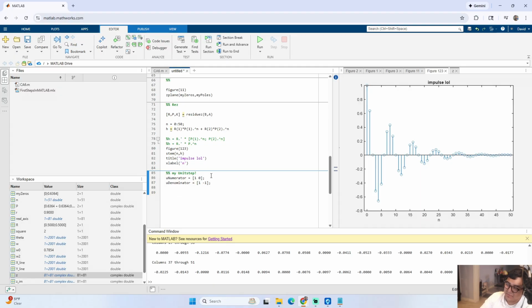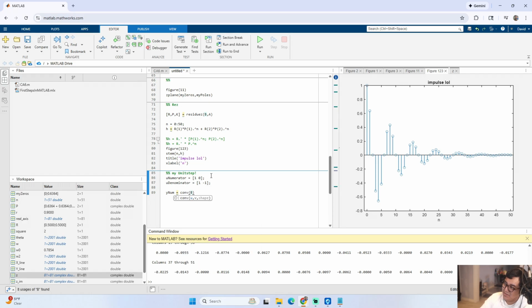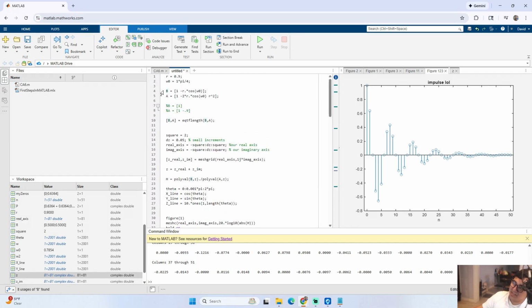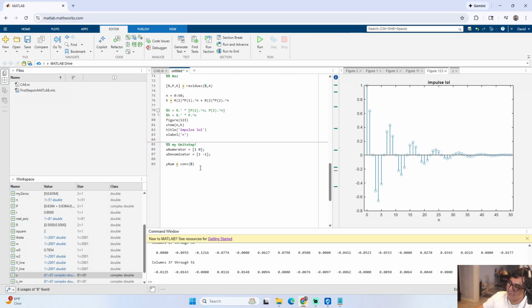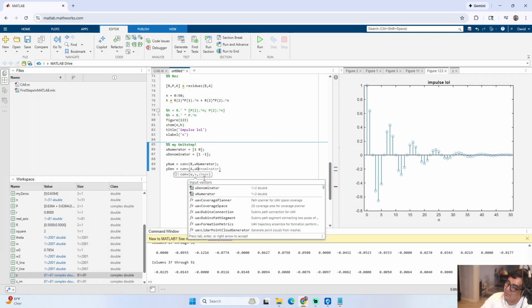Then I want y num equal to conv b, from our top guy right here. This is our impulse. If you really wanted to, you can just call it h or something like that. We call it b. Convolve this with our numerator. And then y denominator is equal to conv a, u denominator.